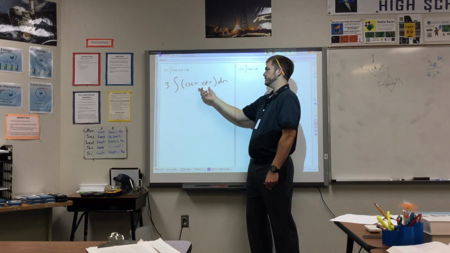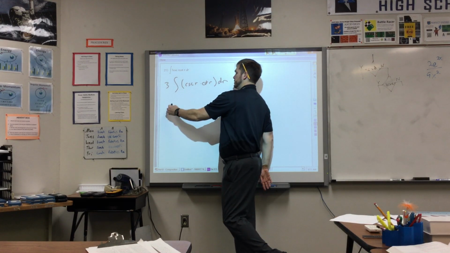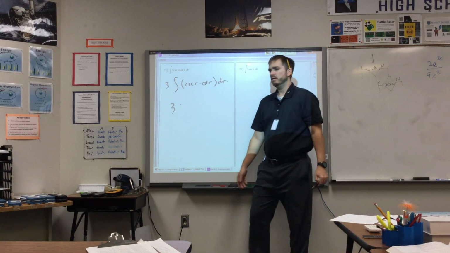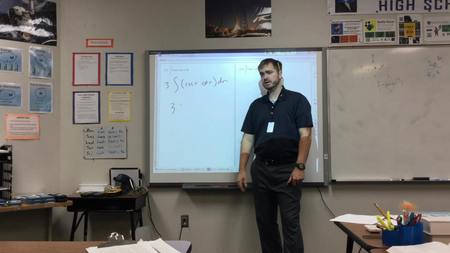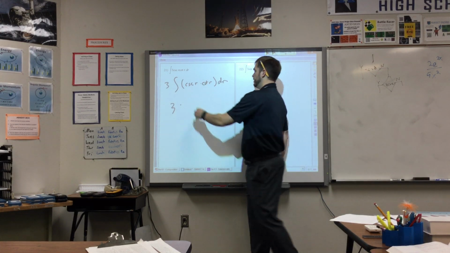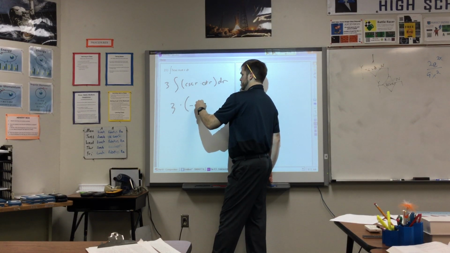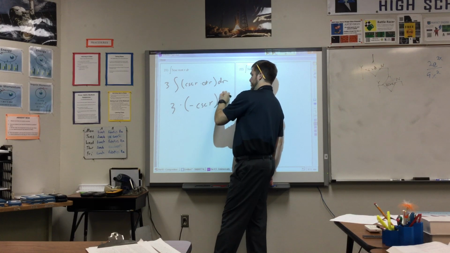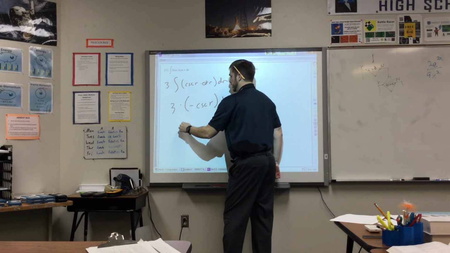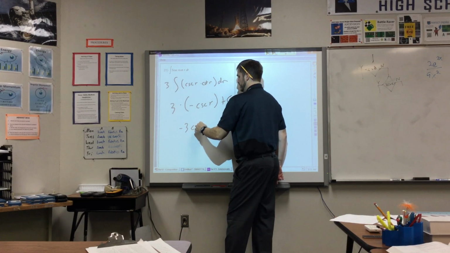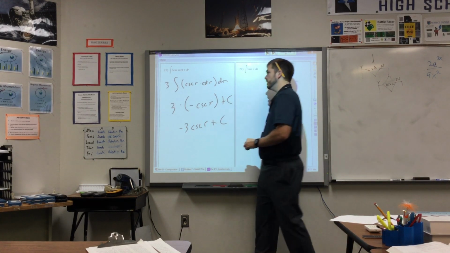But this is cosecant r cotangent r. So constant multiple rule pulls up there. We can pull from memory or look at the table. What's the antiderivative of cosecant cotangent? Negative cosecant. Negative cosecant r plus c. If you want to write this real nice and pretty, you could write -3 cosecant r plus c.